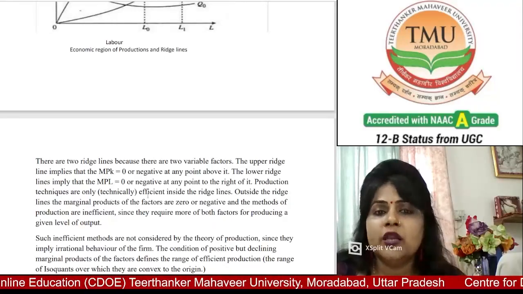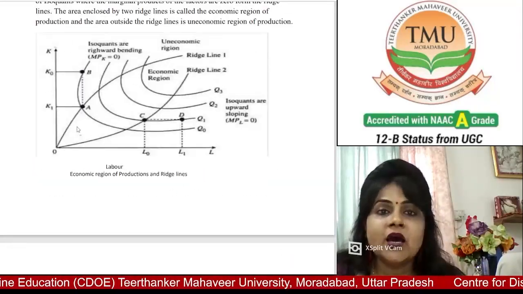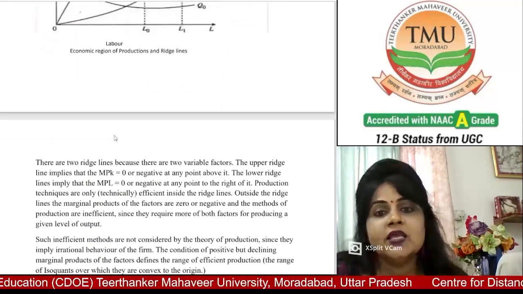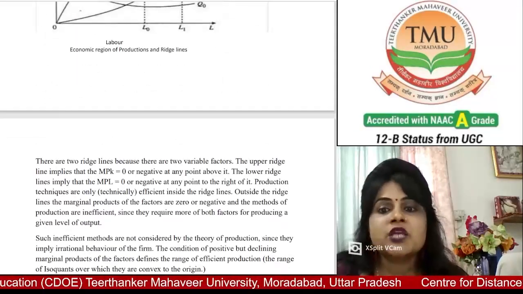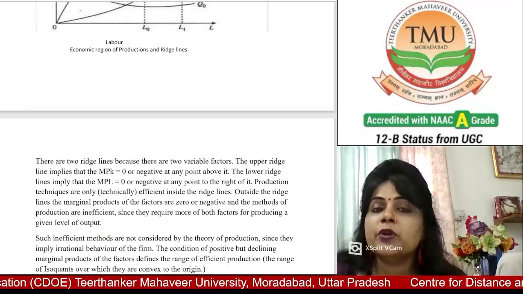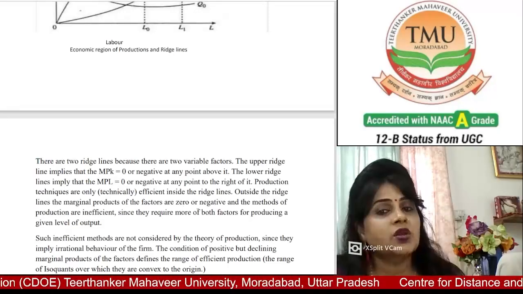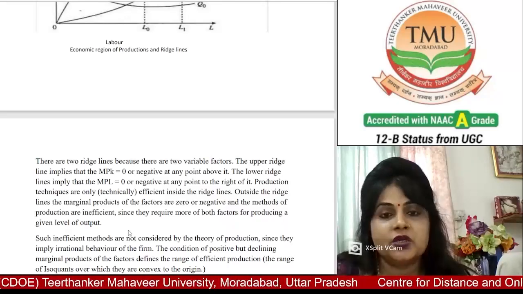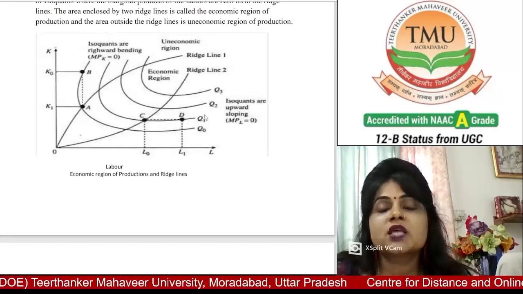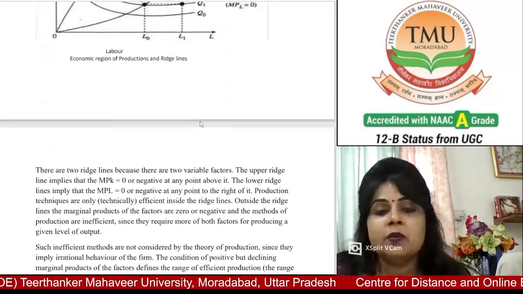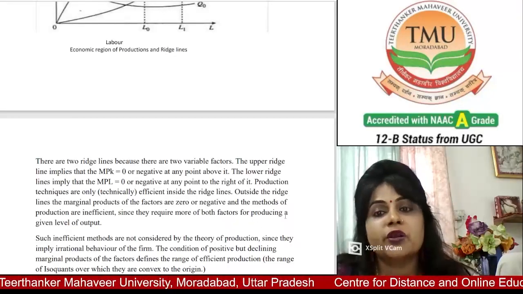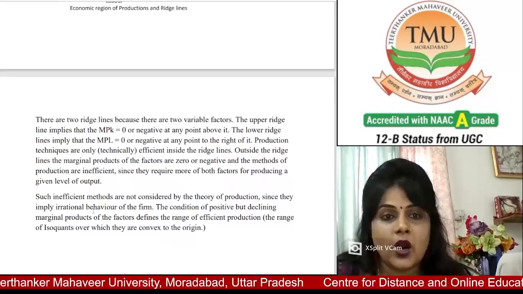Production techniques are only efficient inside the ridge lines. Outside the ridge lines, the marginal products of the factors are zero or negative and the methods of production are inefficient, a non-economical and inefficient area, since more of both factors is required for producing a given level of output.